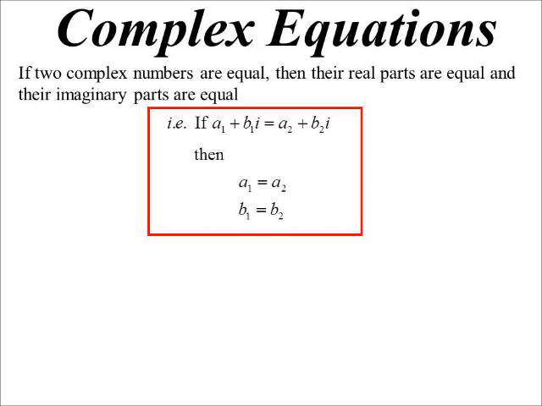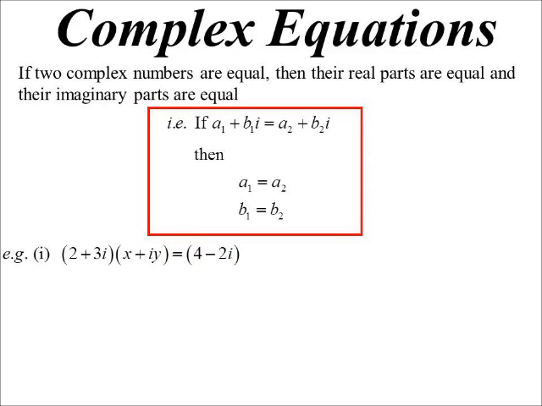So when we're solving these equations, the real part must equal the real part, and the imaginary part must equal the imaginary part. So if I've got two complex numbers that are equal, a1 plus b1i and a2 plus b2i, then a1 must equal a2, the real part must equal the real part, and b1 must equal b2. The imaginary part equals the imaginary part.